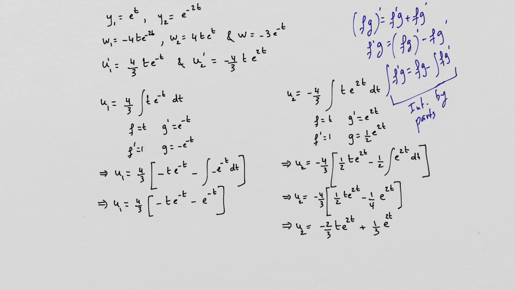I got this, and the integral of e to the 2t is 1/2 e to the 2t, right? And 1/2 times 1/2 is 1/4. And then I foiled, because those constants are different. I got negative 2/3 t e to the 2t plus 1/3 e to the 2t. So I found my u1 and my u2.